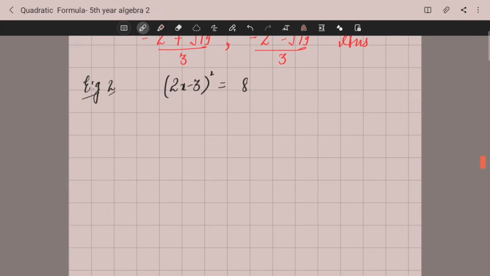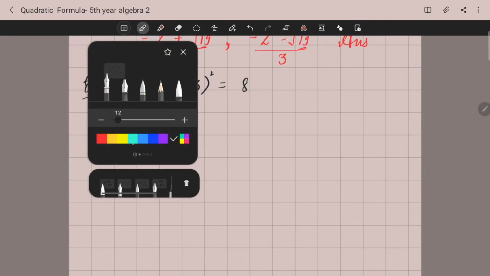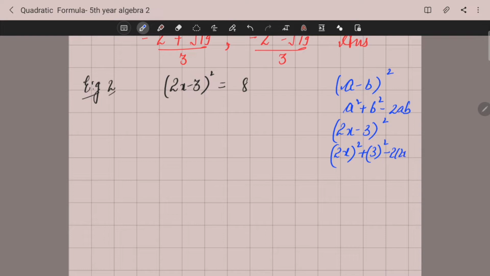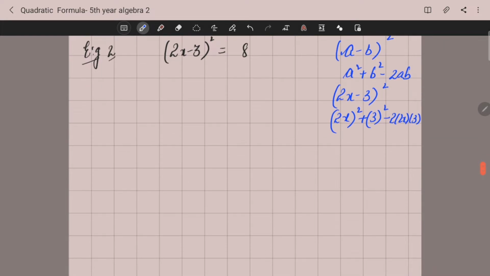How can we do that? Either you can apply the identity a minus b whole square, which is a square plus b square minus 2ab. Like this is 2x minus 3 whole square, so 2x square plus 3 square minus 2 into 2x into 3, so this gives us 4x square plus 9 minus 12x.